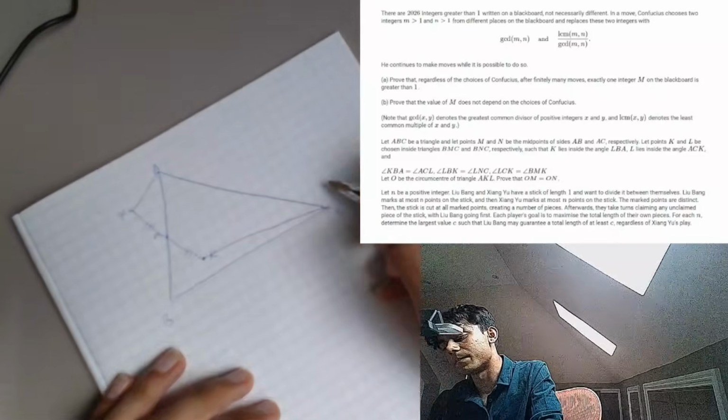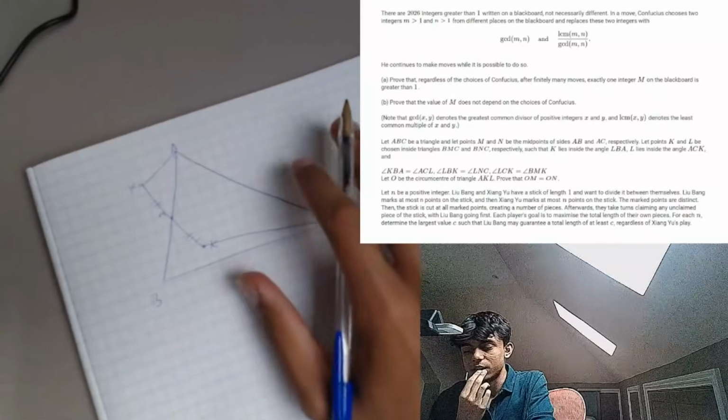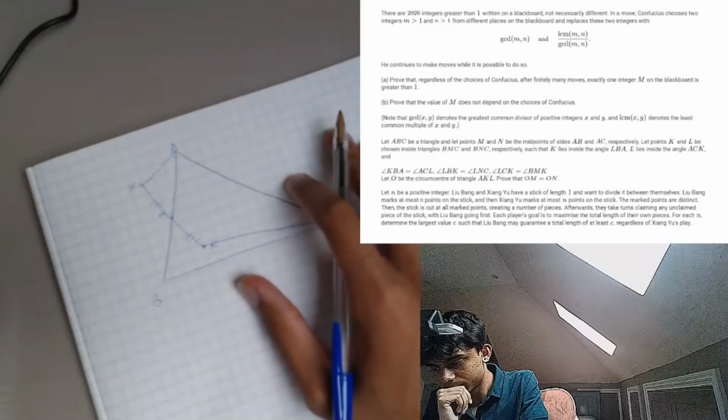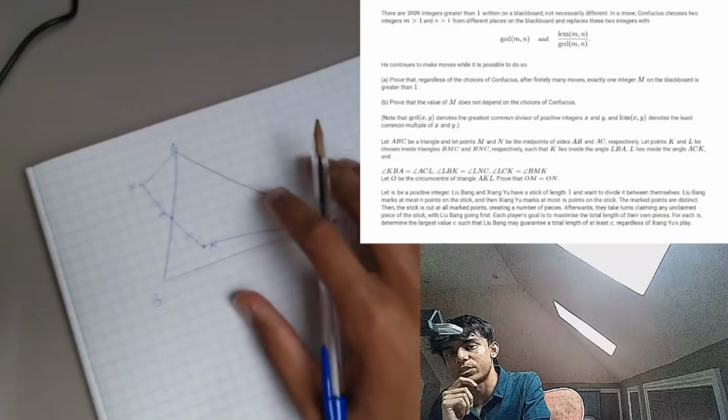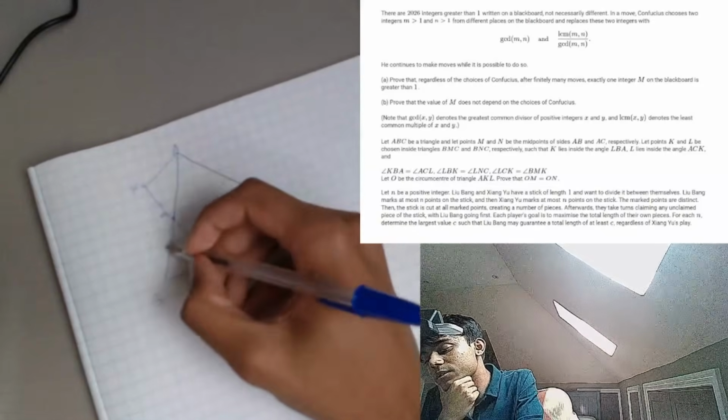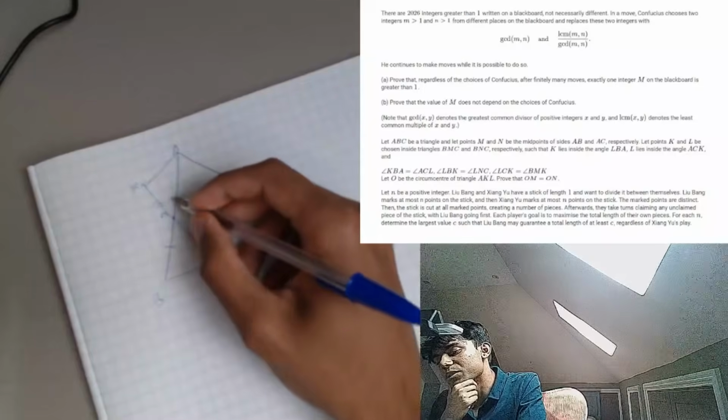I feel like this is quite an interesting condition. Yeah, I feel like this is something we should look at in more detail. Like what different points will satisfy this.